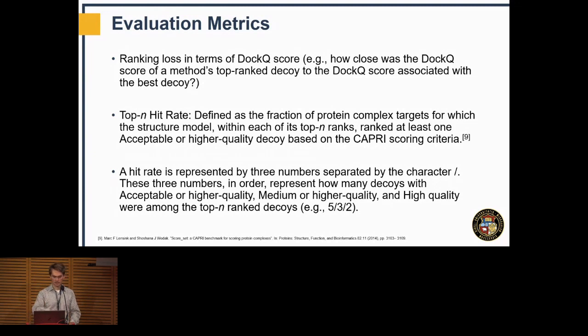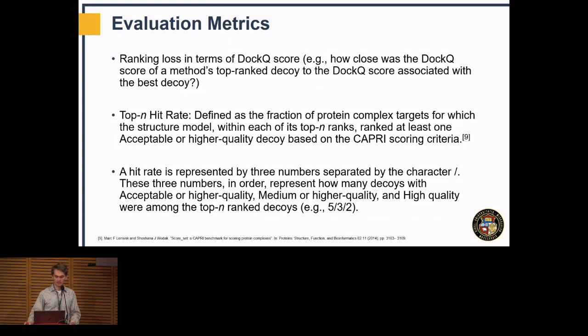And essentially, if we pick the top decoy in this particular case, we can measure its difference from the actual best decoy's DocQ score. So for example, if the best decoy had a DocQ score of 0.23, and our model selected best decoy had a DocQ score of 0.24, then the ranking loss would be very low. So we want to minimize that.